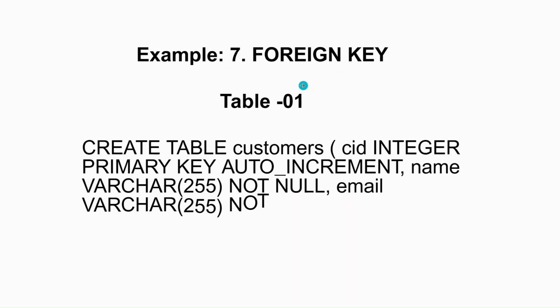Next, the last one, we have a foreign key constraint. So here we'll be creating two tables. This is table one, where I have a customer ID integer primary key auto increment. So I don't have to give it every time, it will take it as auto increment. Name varchar, it should not be a null value. Email ID, it should not be a null value, and it should be unique. We cannot have repeated values for this. Okay.